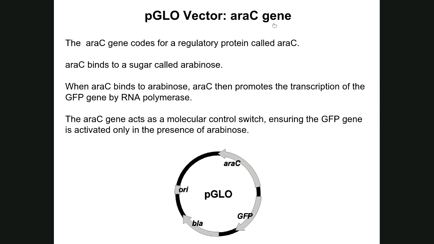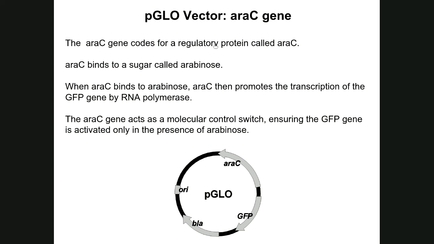Okay, so this is the case for the ARAC gene. Again, I said this before, the ARAC gene codes for a protein that is a regulatory protein, but more specifically, it's a transcription factor, specifically an activator.